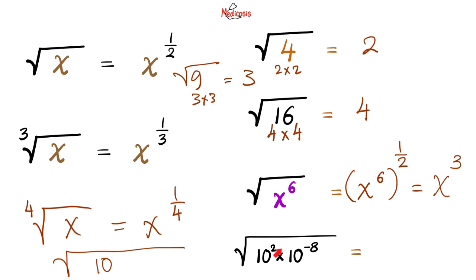And because we're multiplying, I'm going to add the exponents. 2 plus negative 8 is 2 minus 8, or negative 6. How can I get rid of the square root? If you replace it with an exponent of 1/2. So this is 10 power negative 6, all power half. When the exponent is raised to another exponent, multiply them. What is half of negative 6? It is negative 3. So the final answer here is 1 over 1,000, or 0.001.